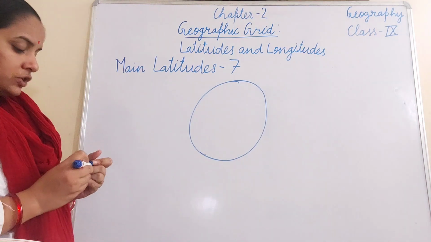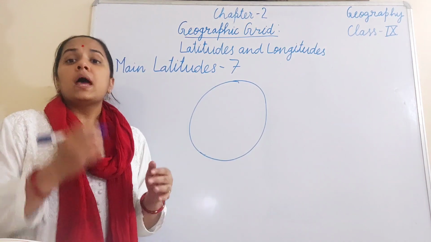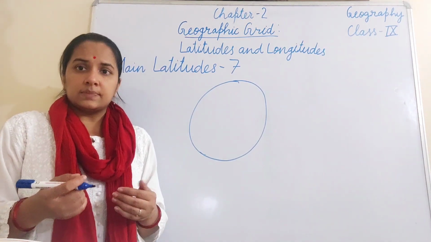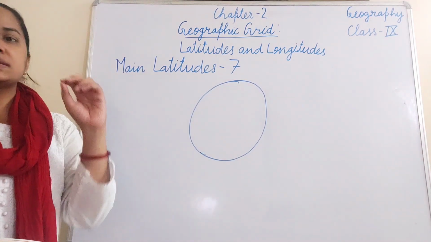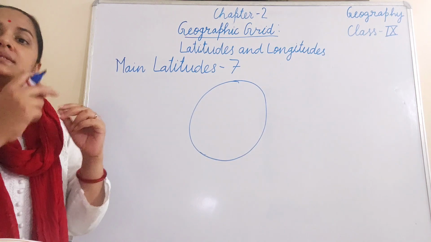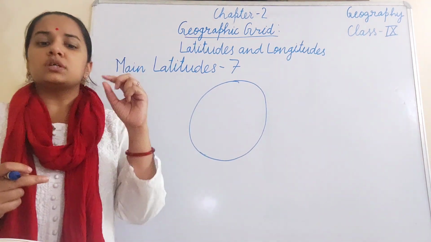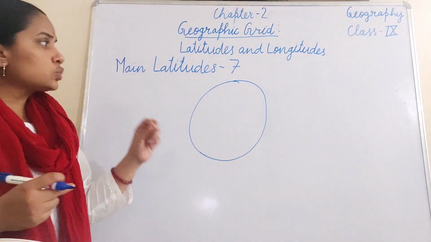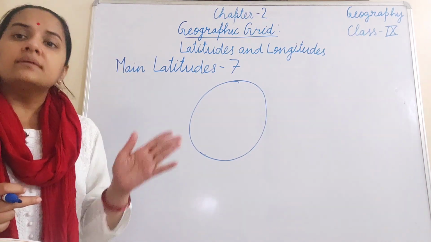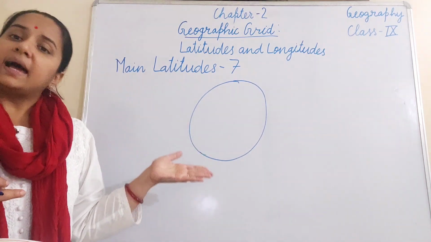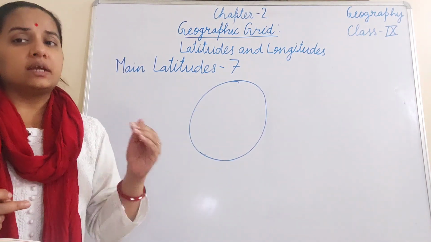We know that lines of latitude are drawn at an angular distance of 1 degree interval, meaning the angular distance between two lines of latitude is 1 degree. So there are 181 parallels of latitude drawn at an interval of 1 degree each.